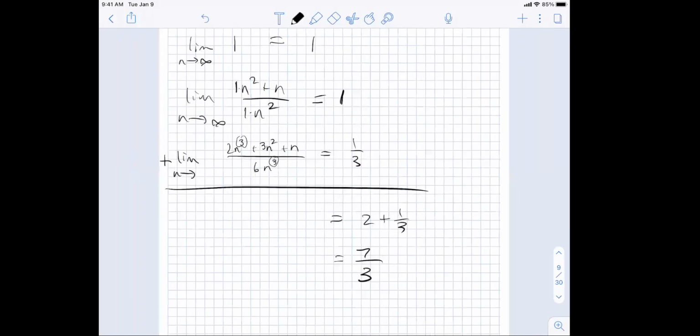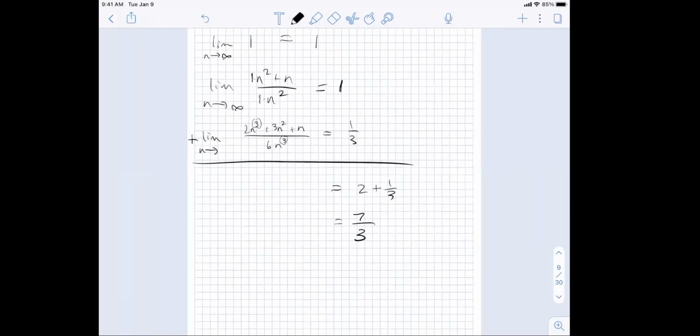And if anyone's taken this class before and has seen the fundamental theorem of calculus, which we're going to do this week, you'll know the easier way to get this answer, but you'll notice that we get the same answer as the easy way. Okay, so this is using Riemann sums, the limit definition of what is called the definite integral.